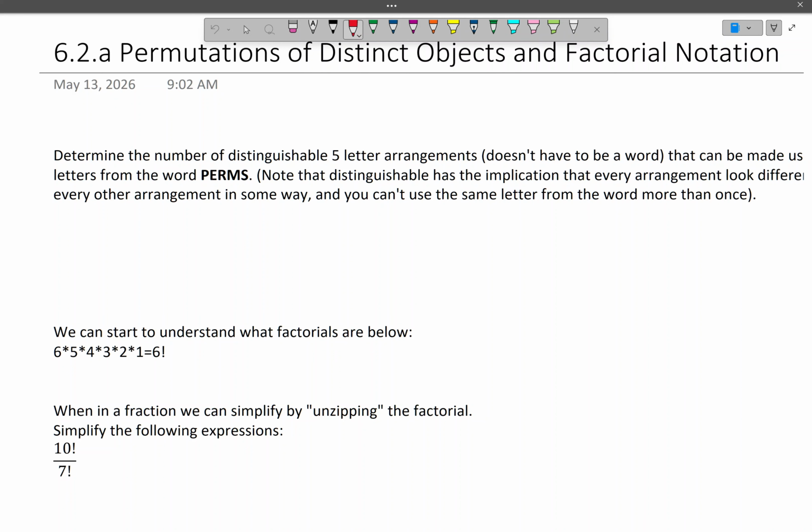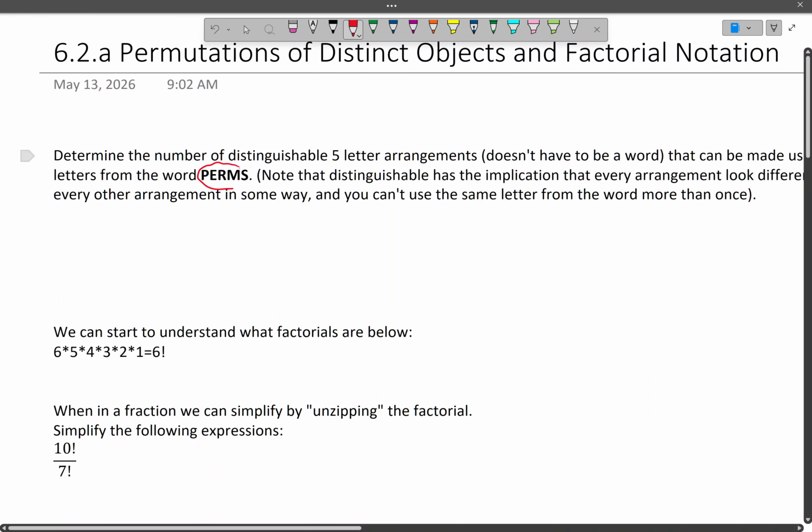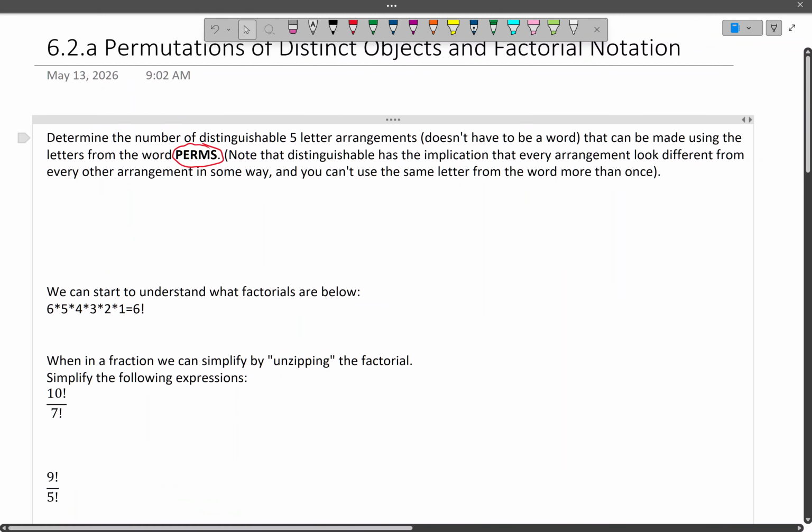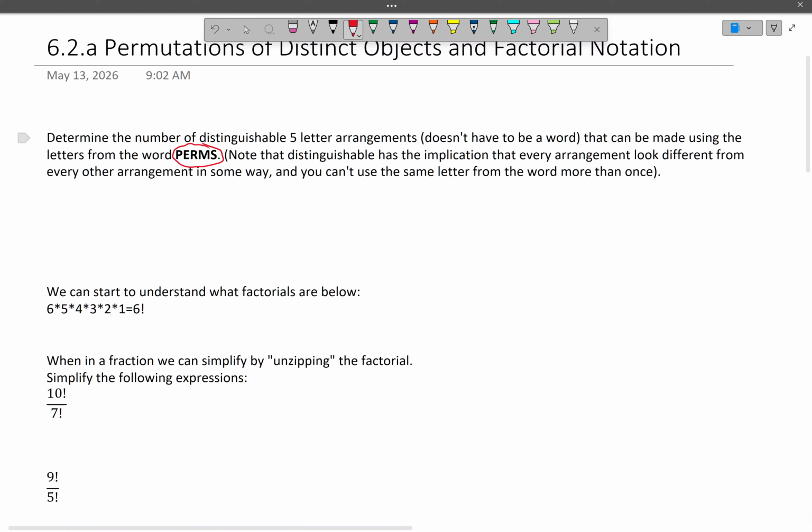This is about permutations of distinct objects in factorial notation. What we're going to do is consider the word PERMS. There's a big long description of what this question could look like right here, but I'm just going to talk it through as per normal.